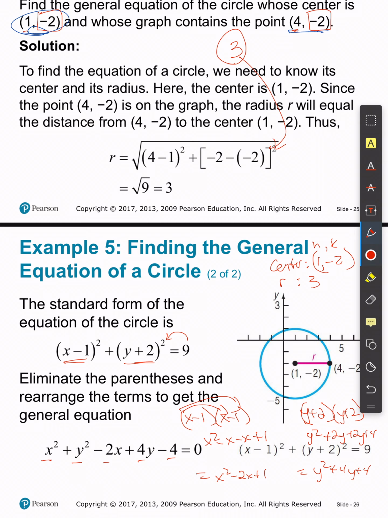So we have x squared plus y squared minus 2x, the x term's always first, plus 4y, then plus 5 equals 9. But I need to move that 9 over and set this equal to 0 if it's in general form. So I subtract 9 from both sides, and I end up with this beautiful equation right here. And that is the last thing we're going to get into.